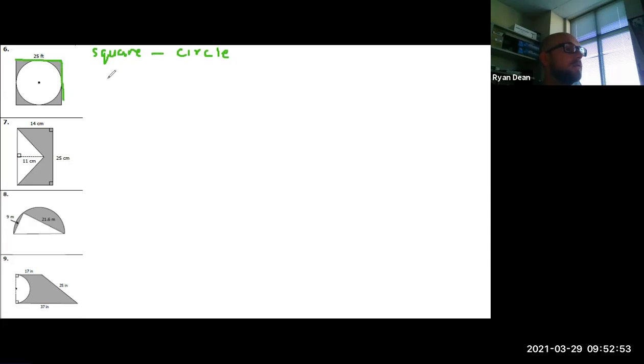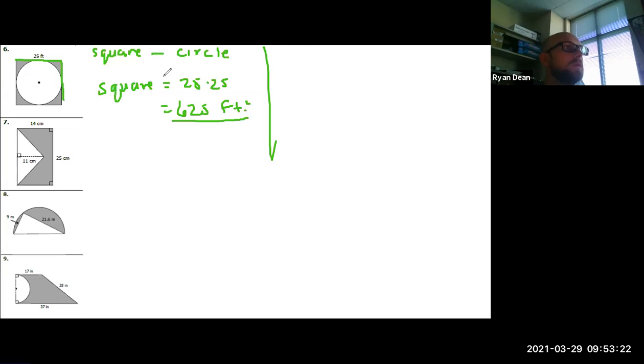We have 25 times 25. The square has an area of 625, and that is in feet, 625 feet squared.